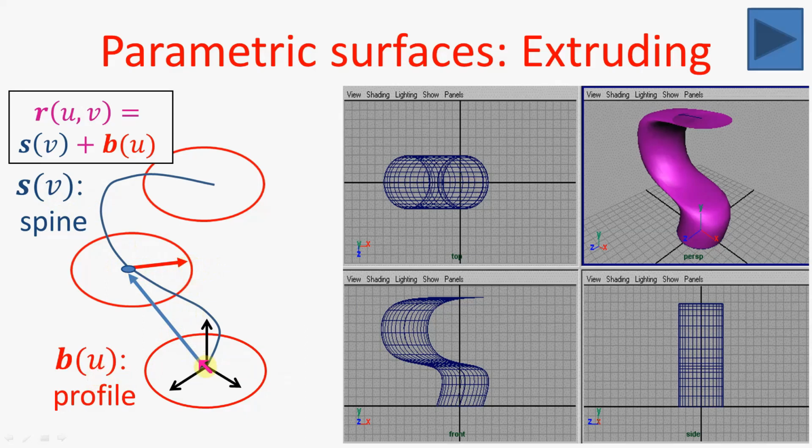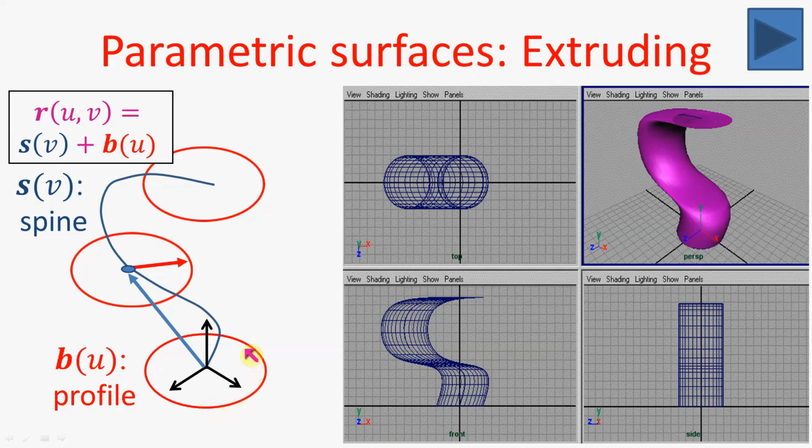The resulting point will be the sum of these two vectors, so we can conclude that extruding is just the simple addition of two curves parameterized independently by the two free parameters of the surface.